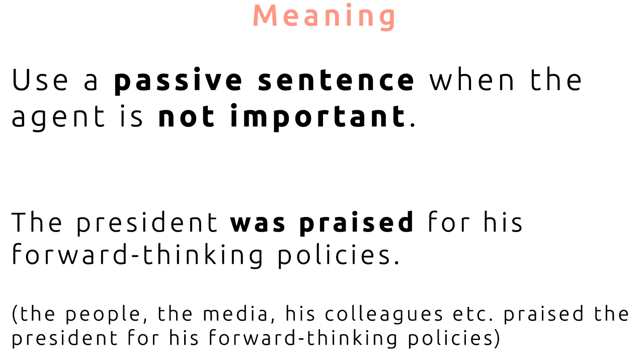Those are some of the situations where we can use passive sentences. Sometimes the agent, the doer of the sentence is simply not important. Sometimes it's people in general, so we don't have to mention it. And sometimes we just don't need to mention the agent because it's unimportant. It's not relevant to the sentence.